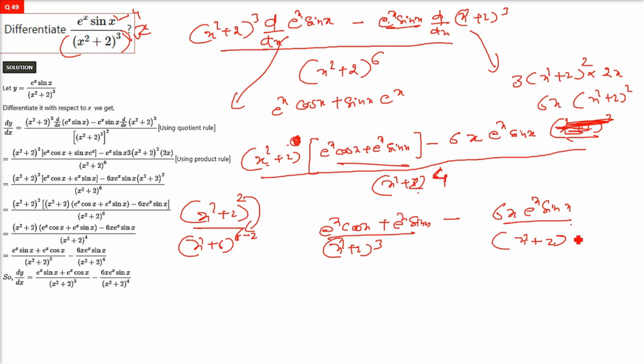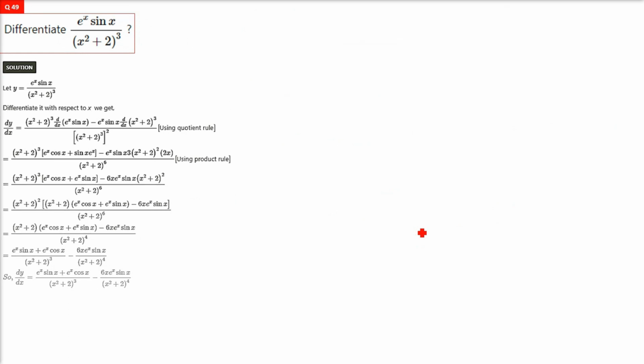Okay. So this is the final result of this, but the way you need to write it is up to you. And because the examiner wants us to do this x square plus 2 separately, we have done that.